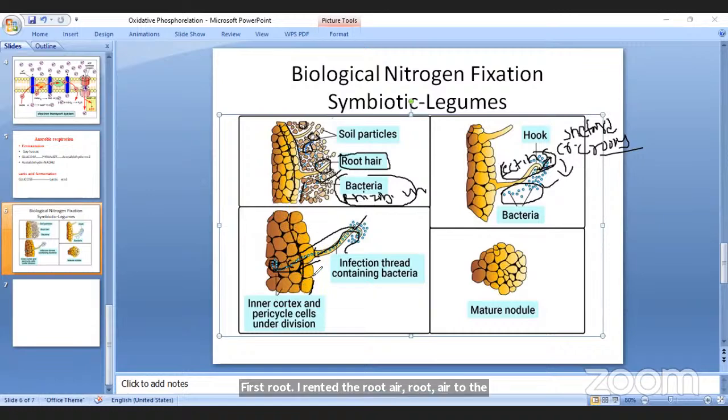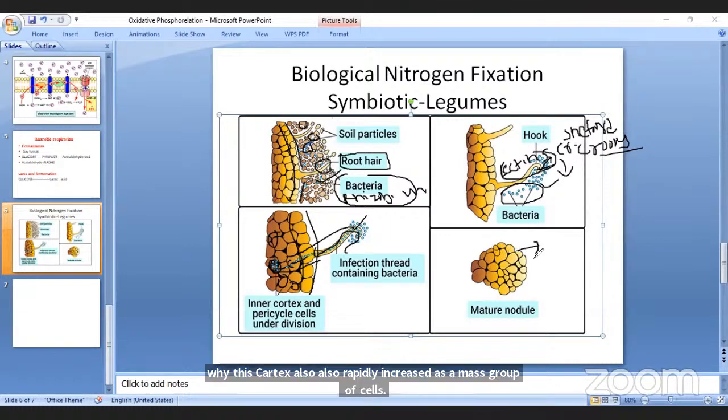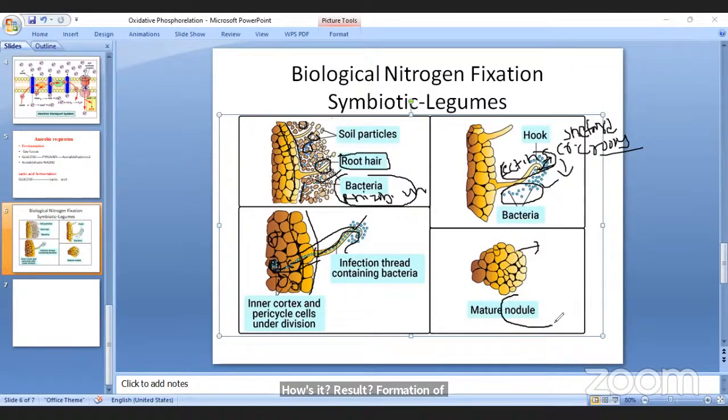From the epidermis layer, they finally settle down at the cortex. Here in the cortex, the Rhizobium rapidly increases in the cortex cells. That's why the cortex cells also rapidly increase as a mass group of cells. As a result, nodules are formed. Like this, root nodules are formed.